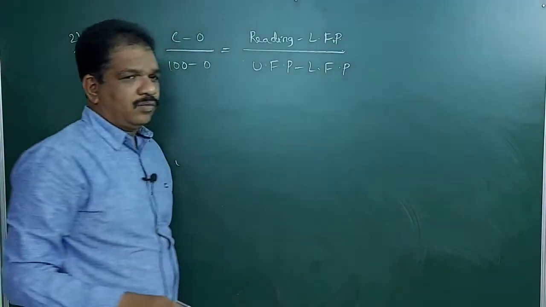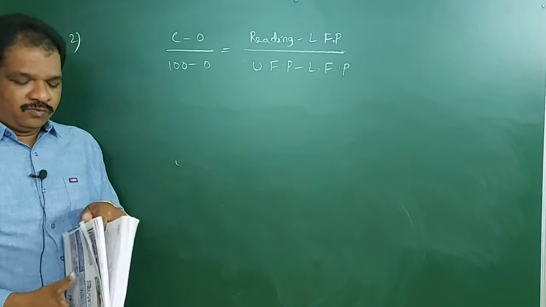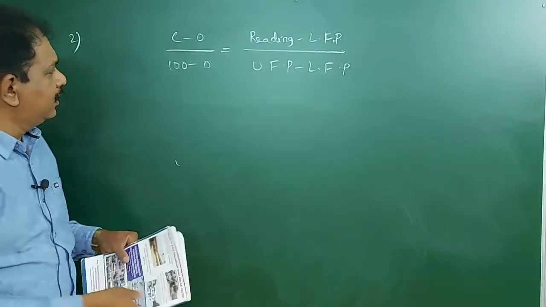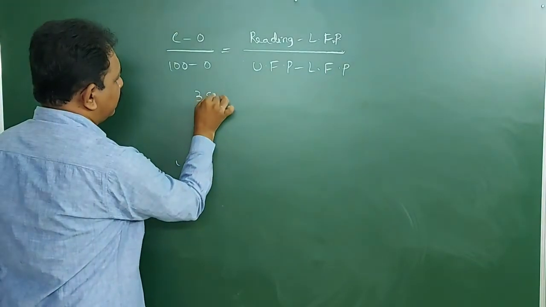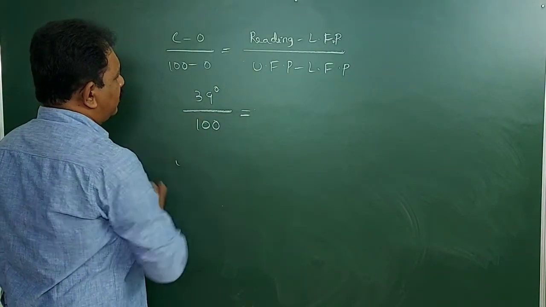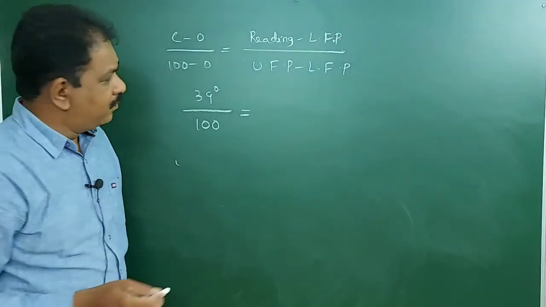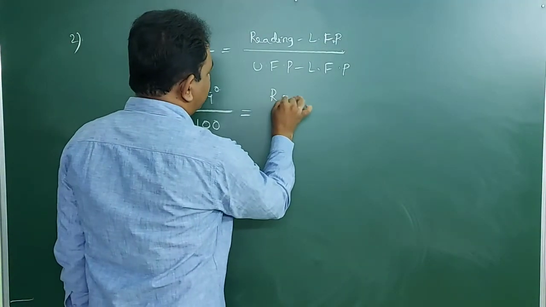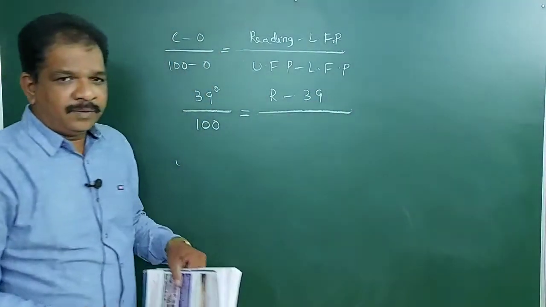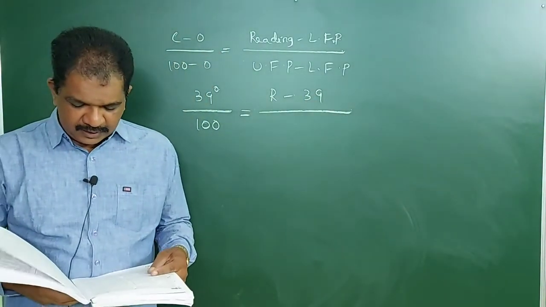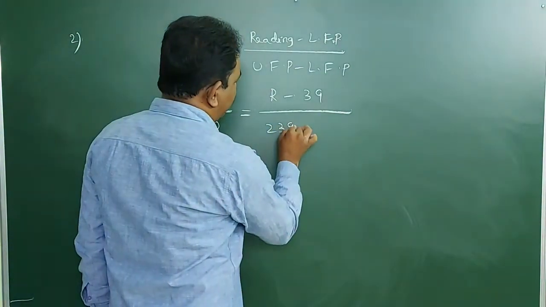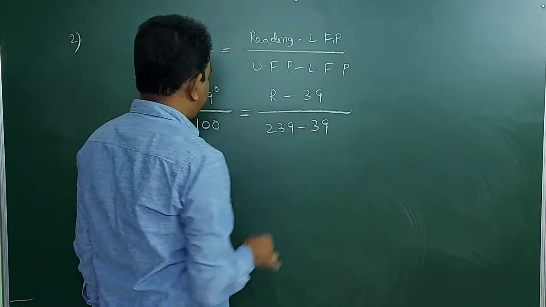Here we have to convert 39 degrees centigrade into the new scale. LFP will be 39 degree W and UFP will be 239 degree W.